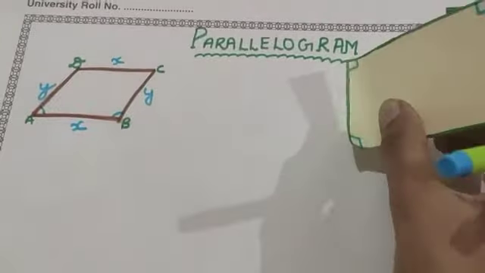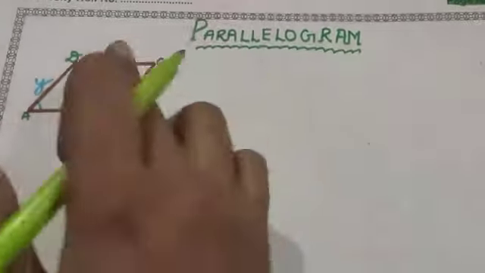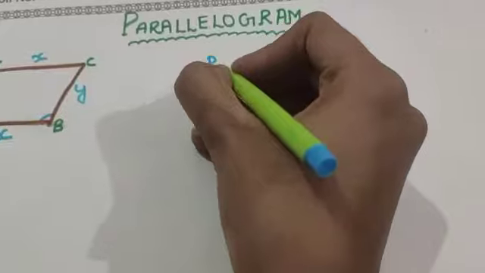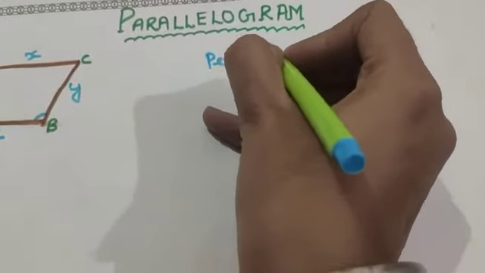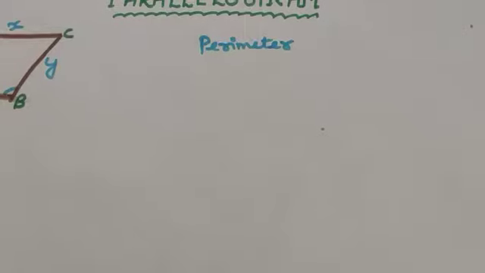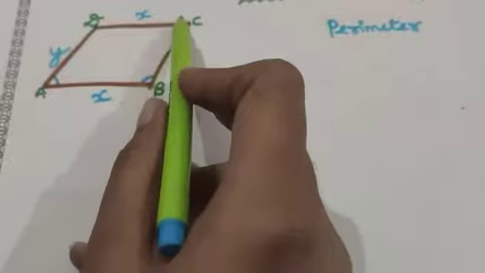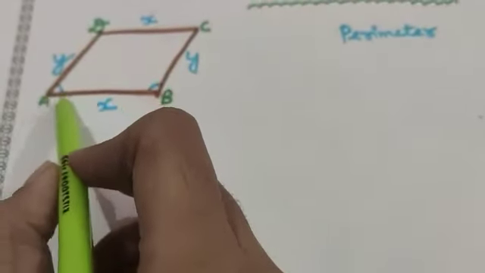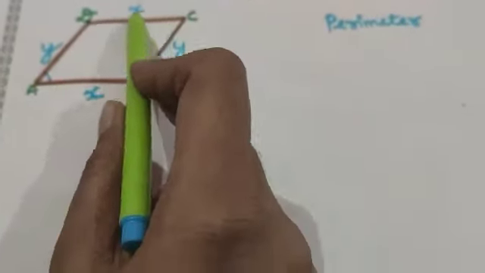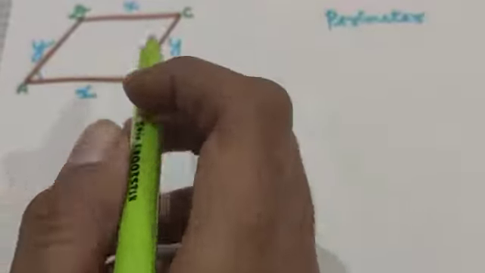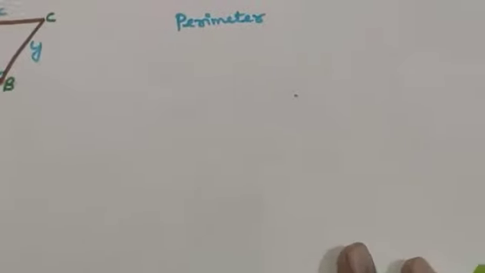So now let us discuss how we can find its perimeter. First of all, what is the meaning of perimeter? Perimeter of any quadrilateral means the total length around a closed figure. So if we want to find the perimeter of any quadrilateral, what we have to do?